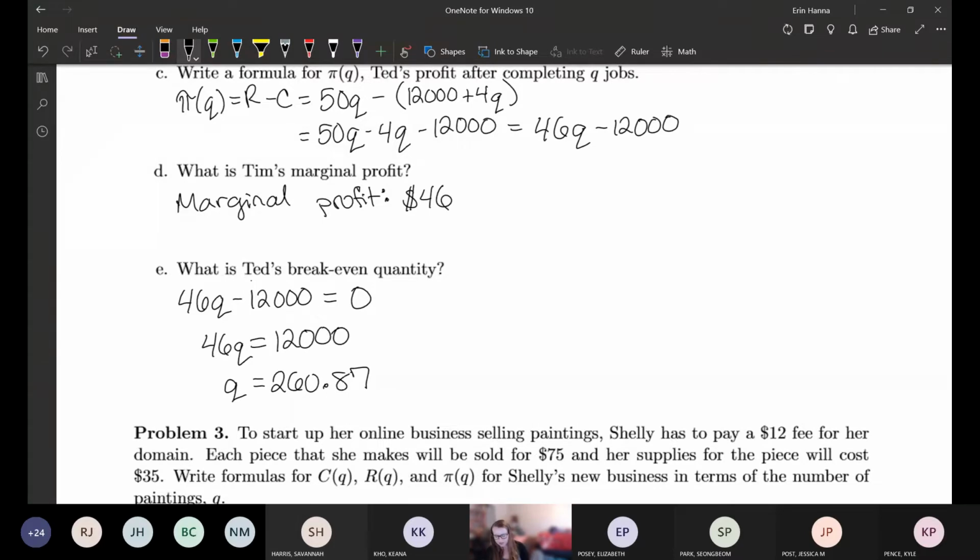Now, technically, if you put that on a quiz or an exam and I didn't specify to round, that'd be correct. I'm going to be a bit more logical here and say someone would probably get mad at me if I only mowed 0.87 of their yard, and say that he should probably mow about 261 lawns, let's say.